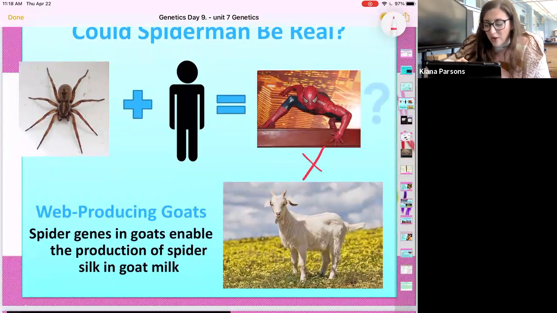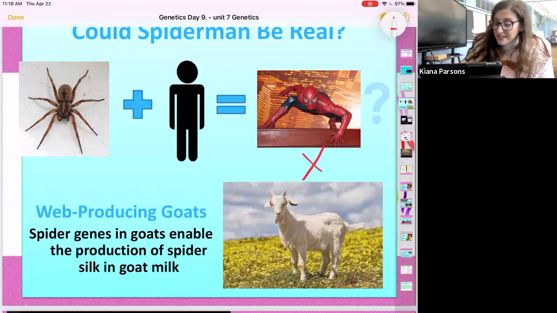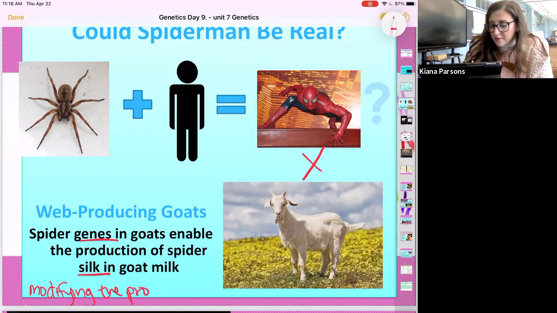But they do have web producing goats. Spider genes in goats enable the production of spider silk in goat milk. But again, that is a very limited specific gene to produce silk that is modifying the proteins being produced.